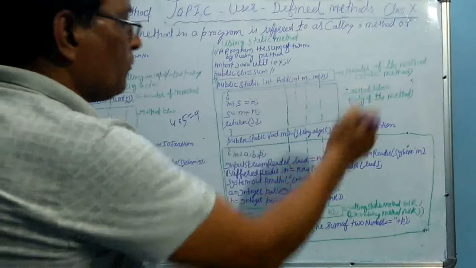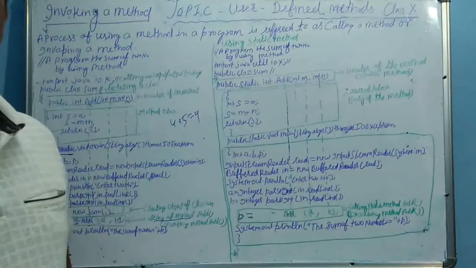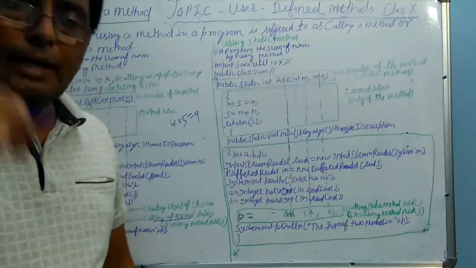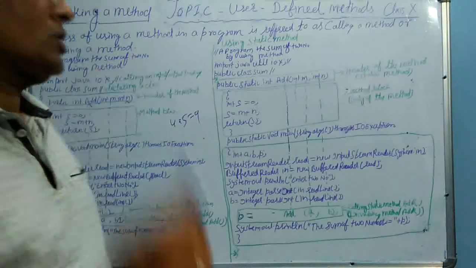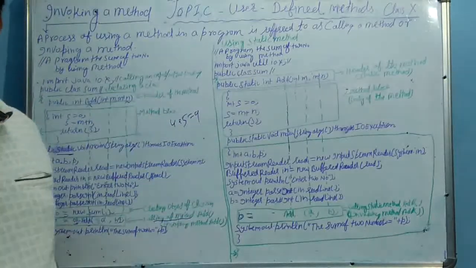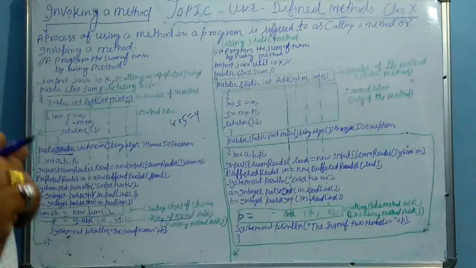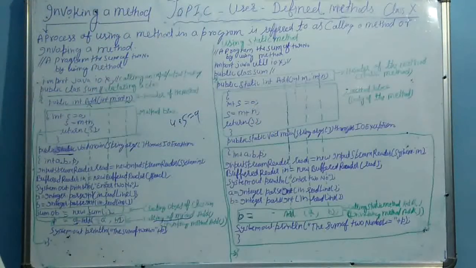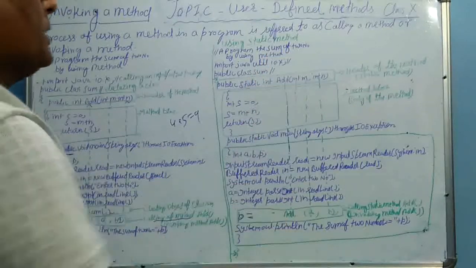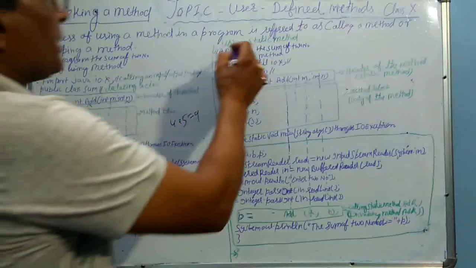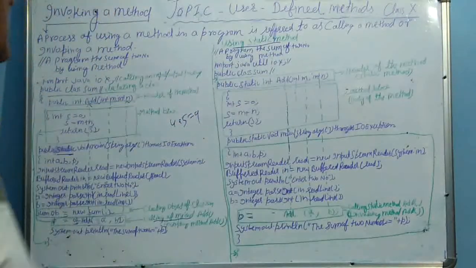Suppose you are giving 4 and 5, then 9. So we can simply call the method add from the main function by using the method name along with the values to be passed. So we can use this method also as a static method.